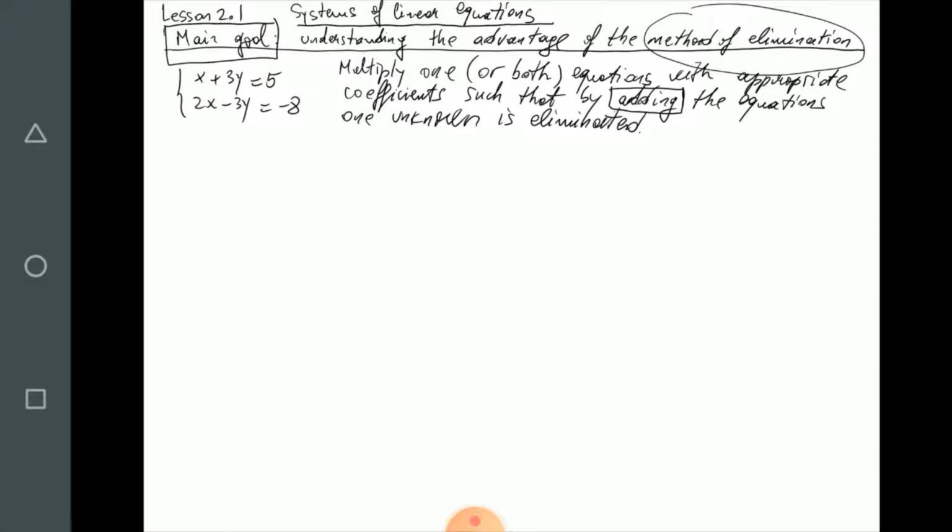So that means we will need to have the coefficients of opposite signs and equal. The coefficients of the unknown to eliminate should be equal and with opposite signs, so that we have this kind of standardization of the method. Once I multiply by those appropriate coefficients, when I add the two, then the unknown is eliminated.